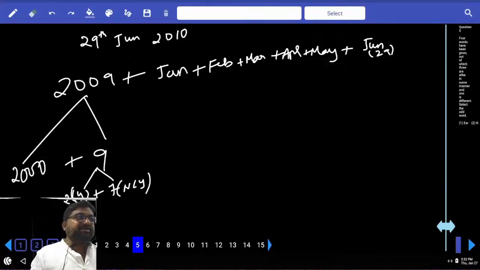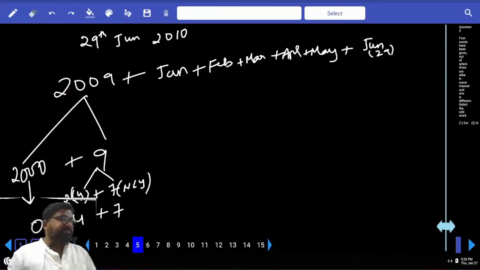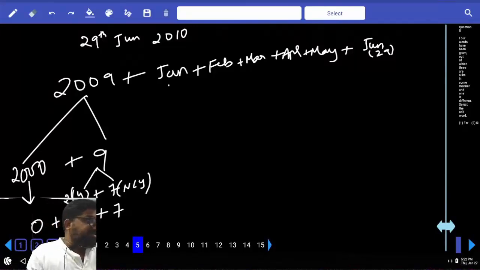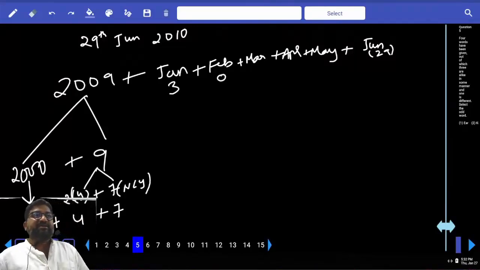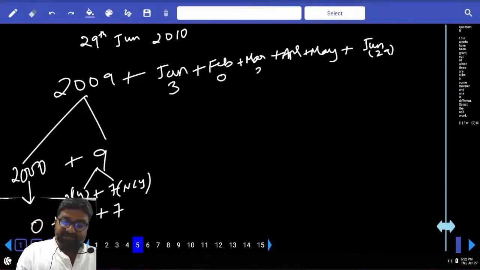Each leap year has how many odd days? 2 odd days. 2 into 2, 4. 7 into 1, 7. This 2000, I'll directly take it as 0. Jan, how many odd days? 3. February 0 because it is 2010. If it was 2012 or 2008, then I would have gone for 1. March, any odd days? 3. April 2. May 3.